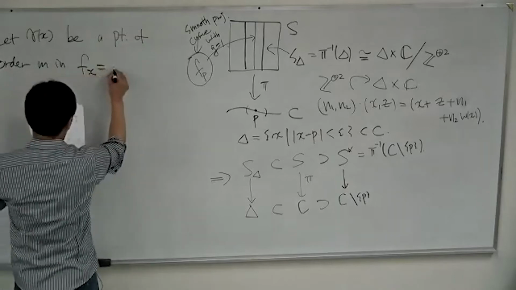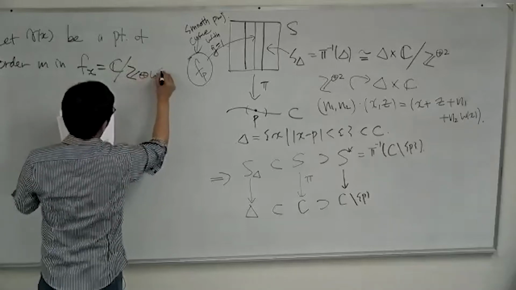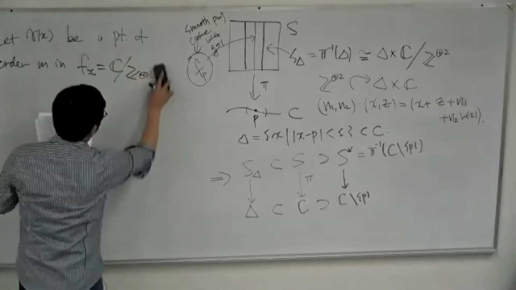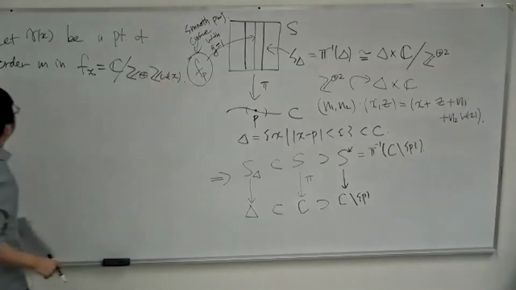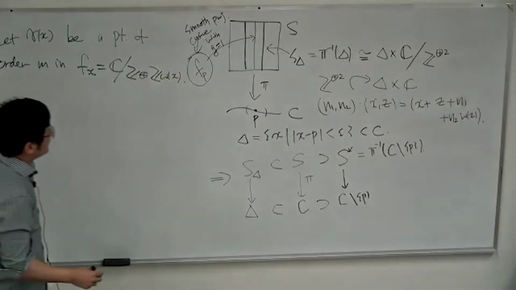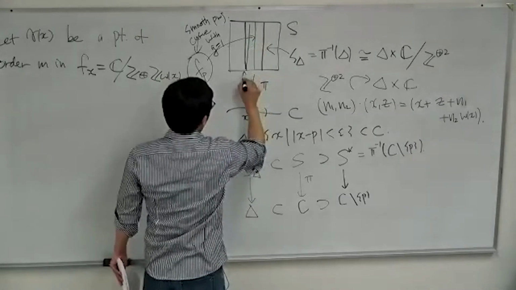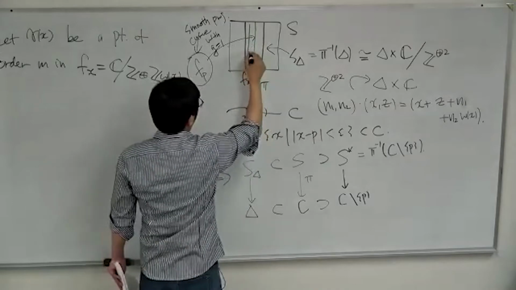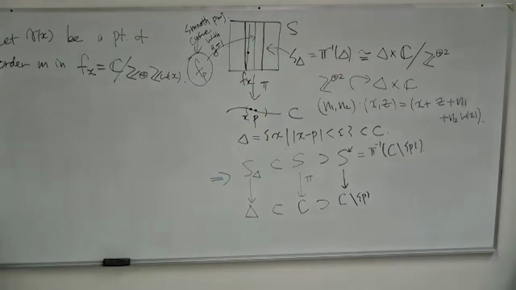So for each x, this fiber is an elliptic curve, and then I choose a point whose order is m.